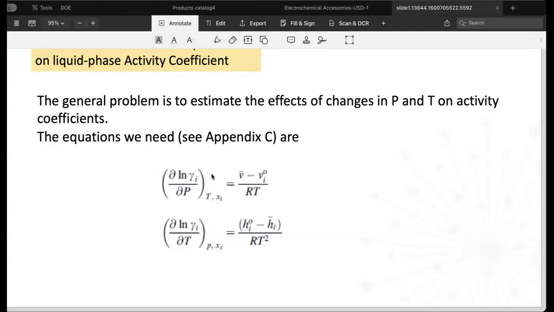It's not perfectly 200 milliliter. But if that volume change is large, then the effect of pressure becomes very large. For example, toluene and benzene, because it's a type 1 solution, close to ideal solution, you can approximate that there is no volume change at all.